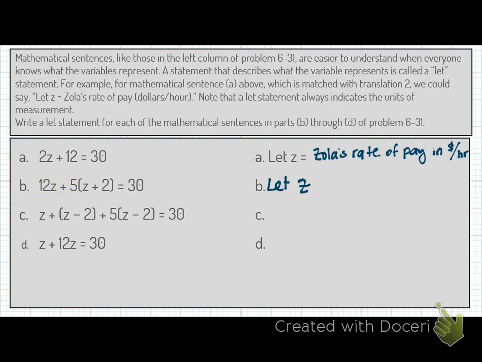Whose hourly rate or whose number of hours? Yes, Zach's. Let Z equal to the number of hours. Let's put number of hours Zach worked. Okay?